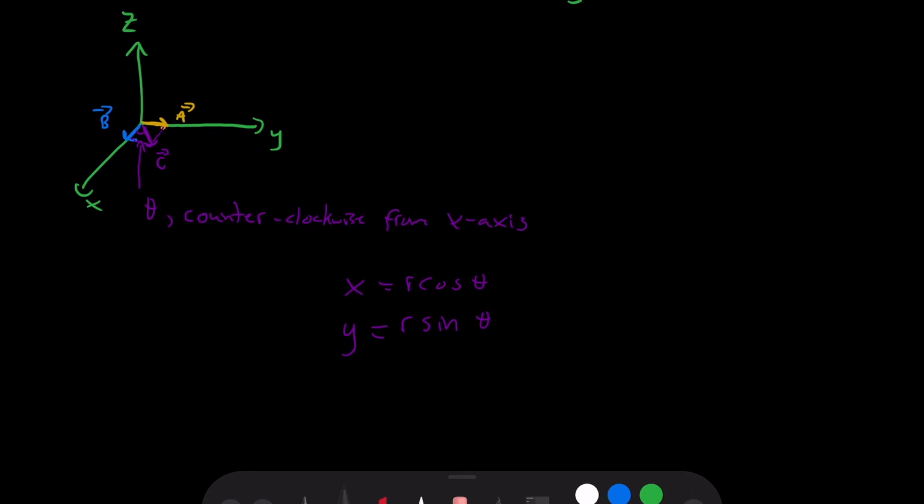Okay, so we need to have some sort of way to capture z. We're going to look at this side view of that same thing, where this is the z, this is the x, and the y-axis is popping out at us. So let's say we had a point that extended out there.